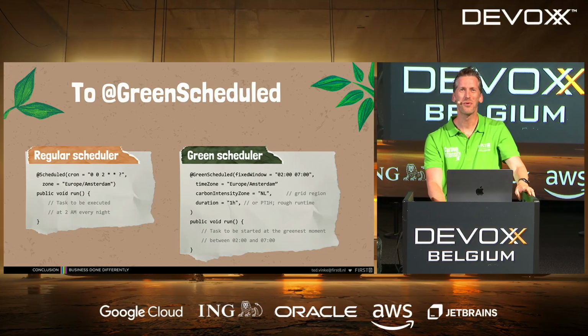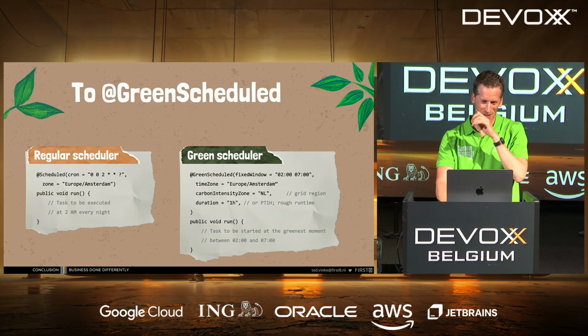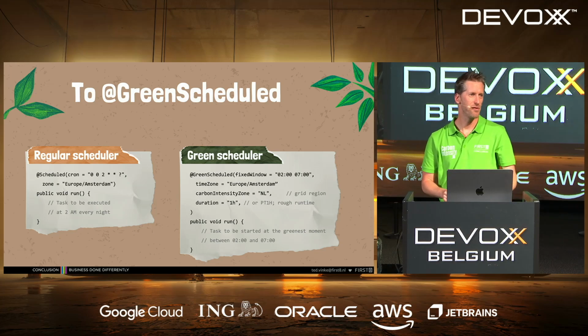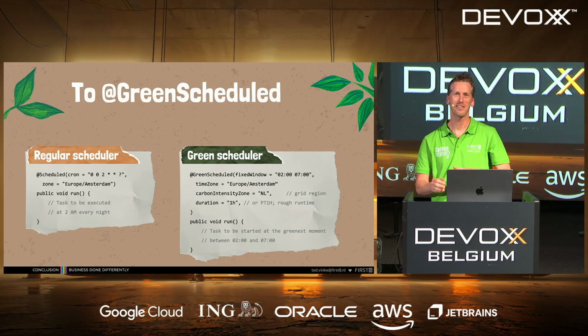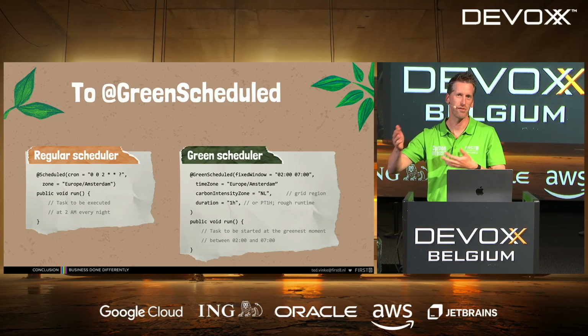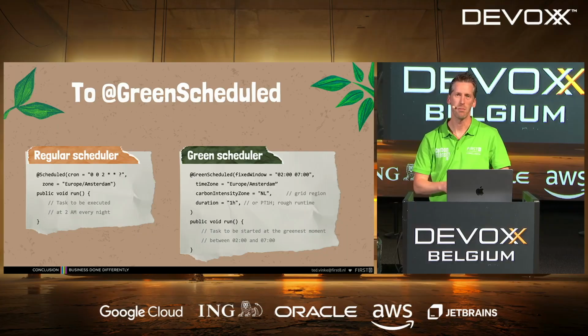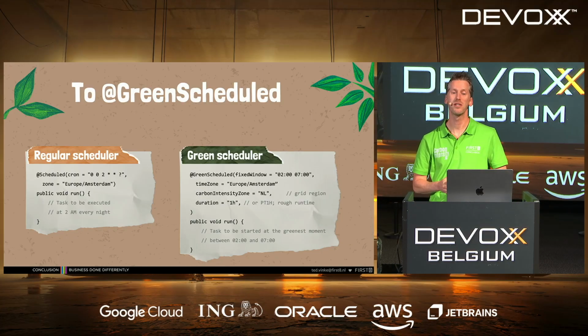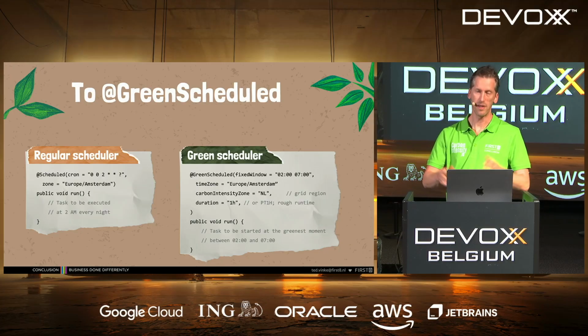There are some noteworthy attributes. So, yeah, the expected duration of the job, it's actually mandatory. It does not know by itself. It's a feature we have on the wish list of maybe doing a few runs, taking the average of those runs, and then remembering it. But as of this moment, you have to specify it yourself. So it doesn't actually change how long the job runs, but it tells the scheduler how much time to reserve to pick a start that will complete inside the window.